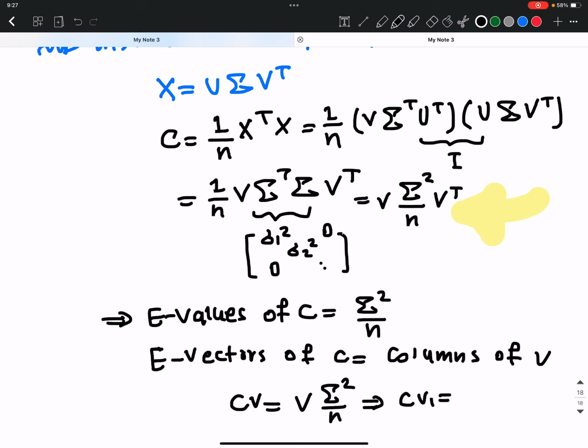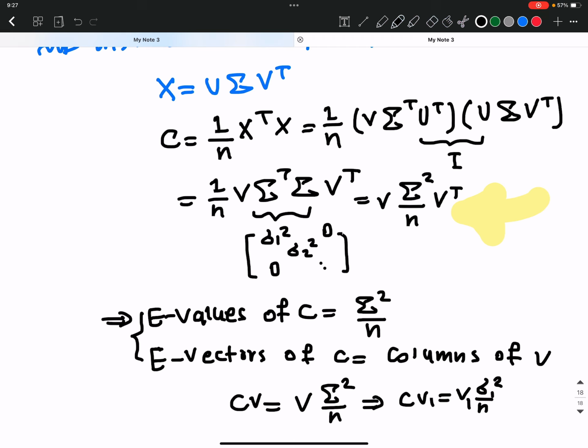Each column would be one of those eigenvectors, right? So this will give me back my original eigenvalue relationship. So this is a nice property of this SVD decomposition.